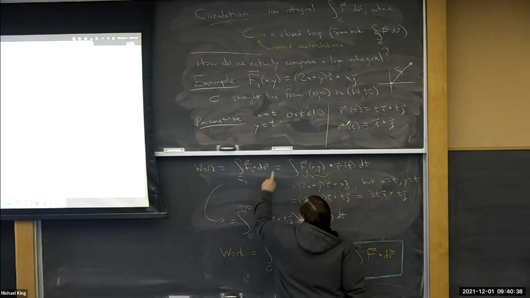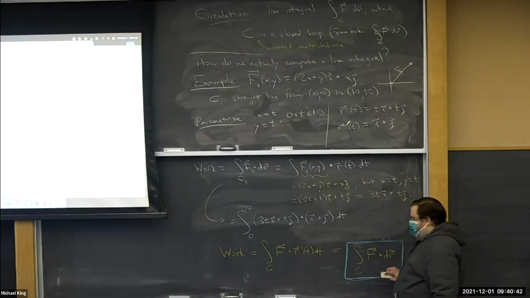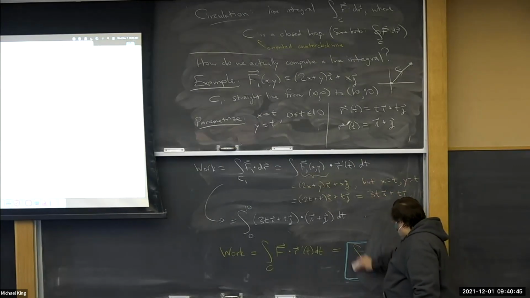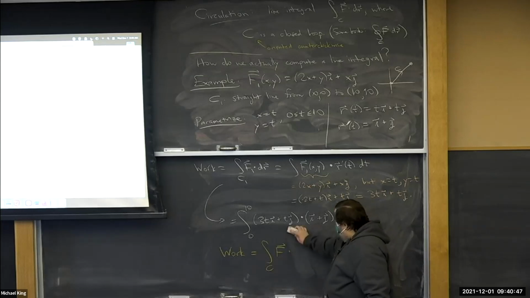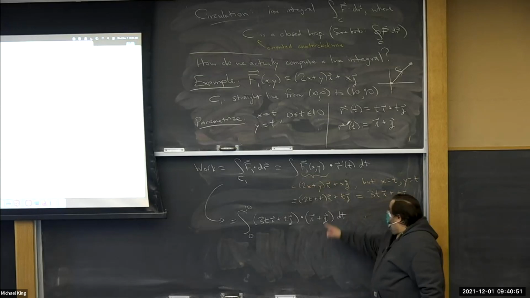That's what we decided the parameterization was. Does that make sense? You basically only care about the vector field at points on the path, and that's what we're doing here. We're just plugging in the path.